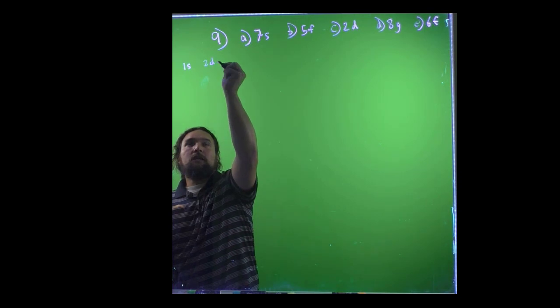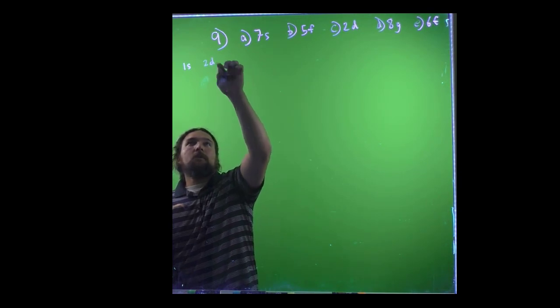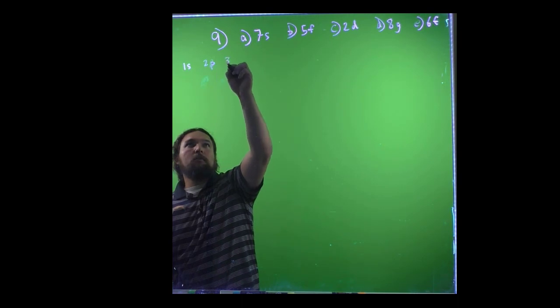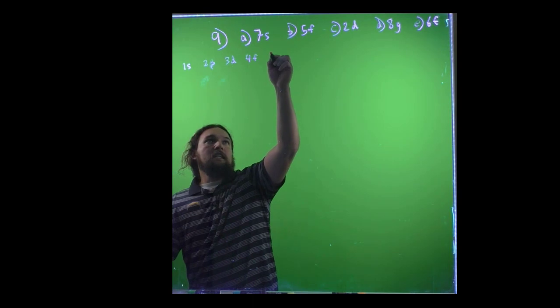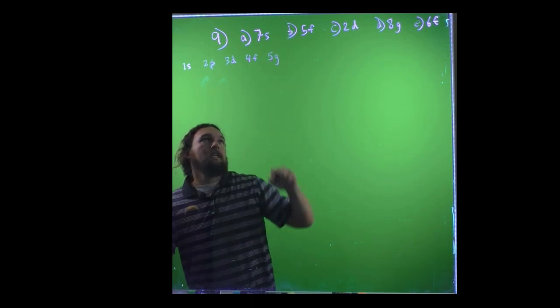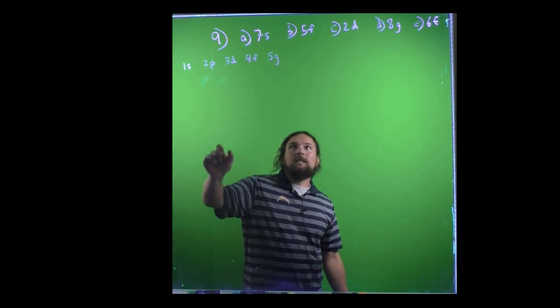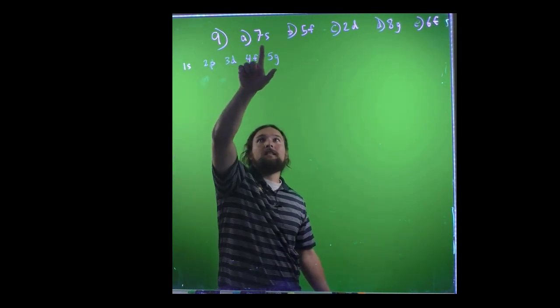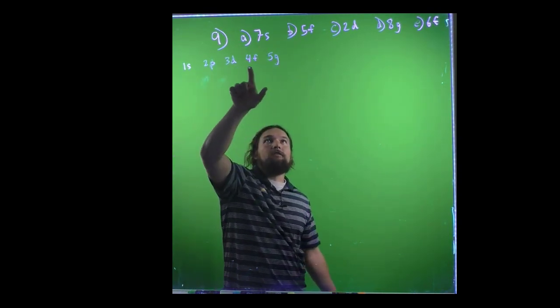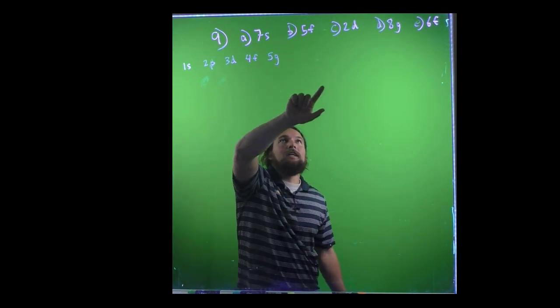the p orbitals start off at 2p, the d orbitals start off at 3d, the f starts off at 4f, the g starts off at 5g. So looking at this, we can see 7s, it starts at 1s, there is a 7s. F, it starts at 4, so there is a 5f orbital.